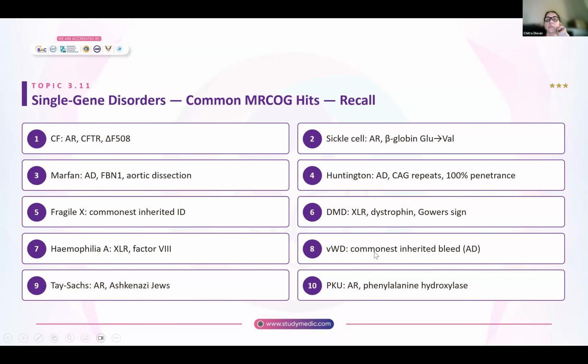Von Willebrand's is the commonest inherited bleeding disorder. It is autosomal dominant. Tay-Sachs, autosomal recessive, commonly seen in Ashkenazi Jews. It is a type of inherited metabolic disorder. Then PKU or phenylketonuria, it is again autosomal recessive and you have a defect or absence of phenylalanine hydroxylase.